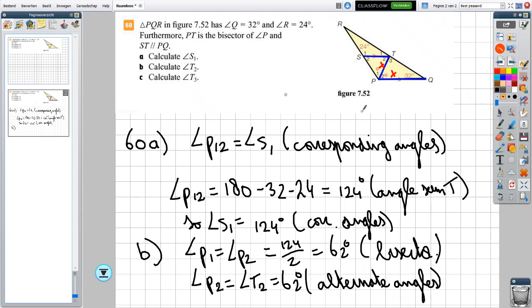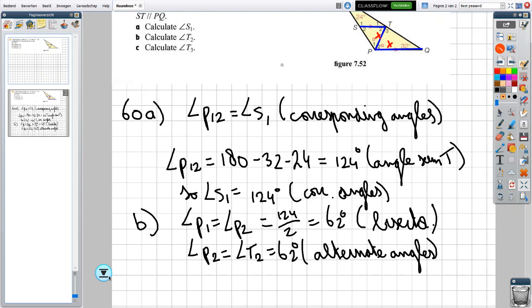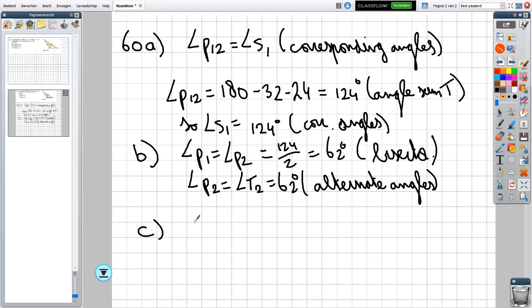Okay, and then last but not least, angle T3. Well, I think angle T3 isn't that much of a problem anymore because we have PQT, in which we know angle P2 and we know angle Q. So we can now calculate angle T3 rather quickly by taking the angle sum.